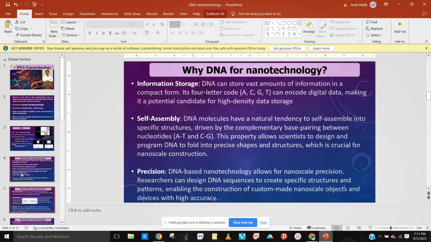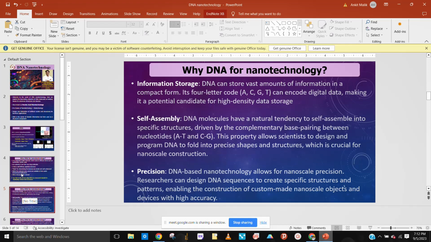Self-assembly is the most versatile property of DNA. DNA molecules have a natural tendency to self-assemble into specific structures, driven by complementary base pairing between nucleotides. A will only attach to T, and C will always attach to G. This is known as Chargaff's rule.